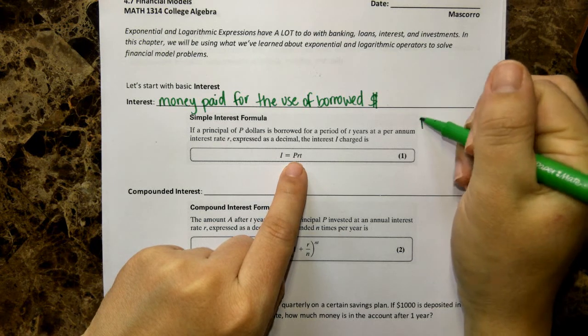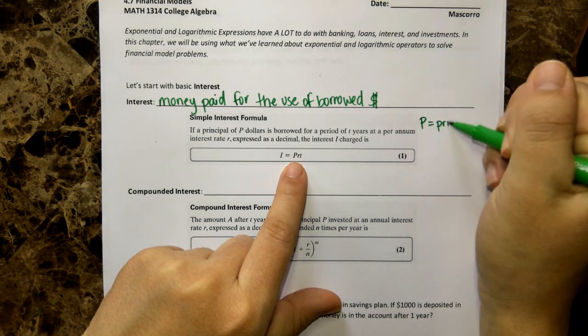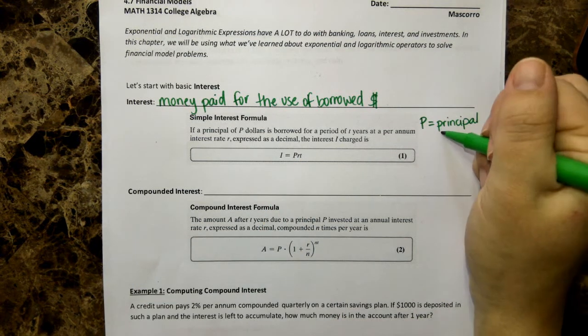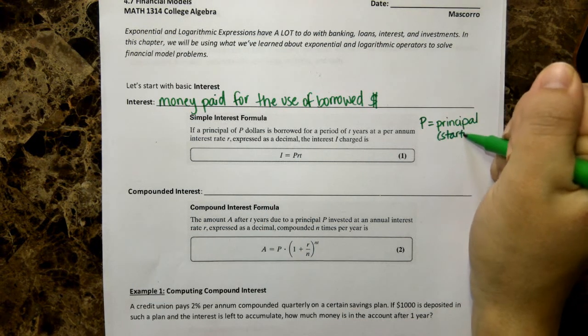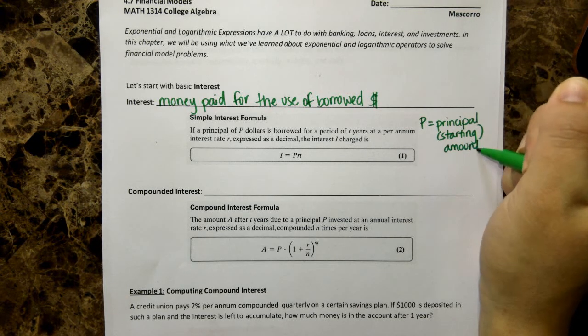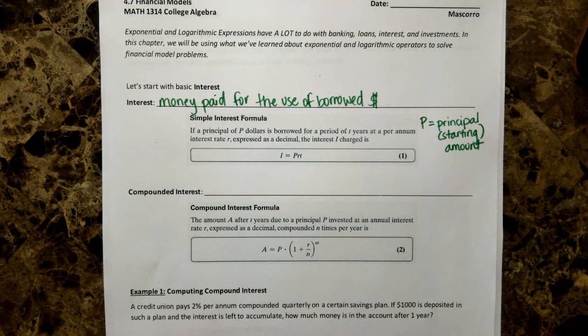The capital P always stands for the principal amount. That pretty much means your starting amount. For example, let's say you take out a loan for $1,000. Well, that's going to be the principal amount, so your principal would be $1,000. Like, what are you starting the loan out with, or what are you starting your savings account with, etc.